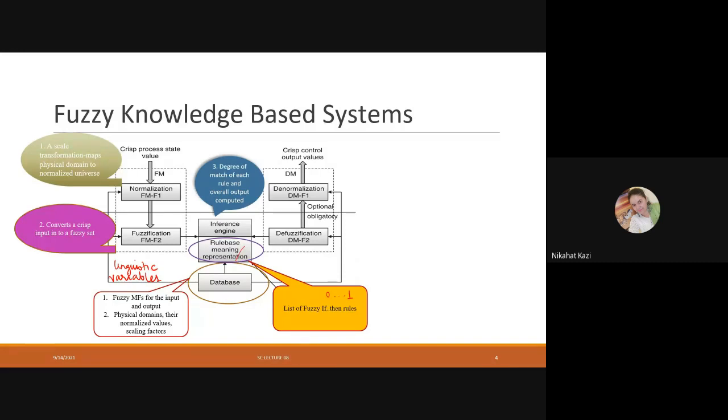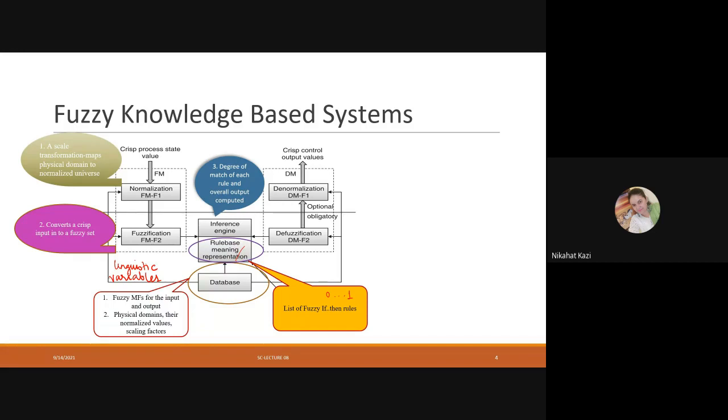On the basis of these rules, the inference engine is going to infer and compute the overall output. Depending on the input, what you have got so far is just the input, and you now have the fuzzy input with you, right? So that comes in the if part.